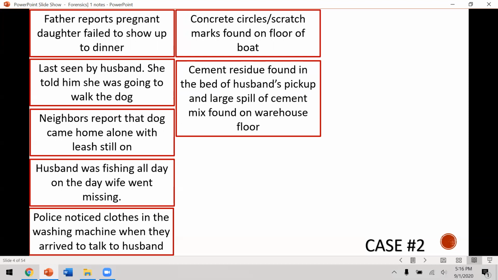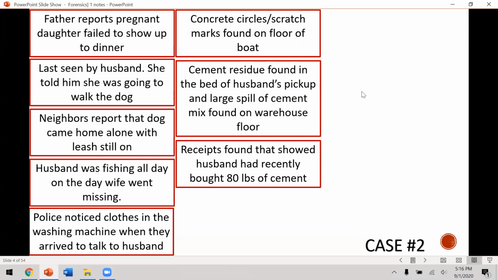There was cement residue found in the bed of the husband's truck. And there was also some cement found on their warehouse floor. They have a side garage area, more like a warehouse. There was a receipt found showing that the husband did recently buy 80 pounds of cement.